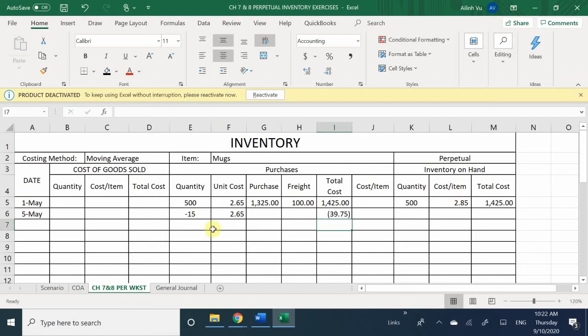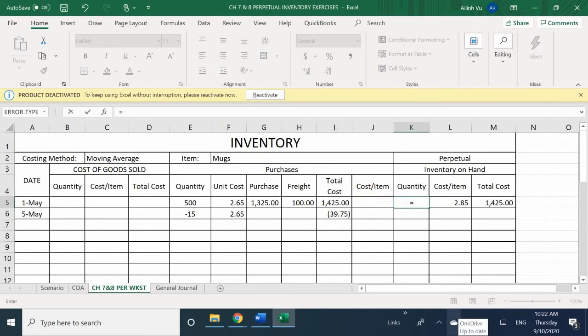Because we were funding 15 items, now we need to spread the freight cost of $100 amongst the remaining 485 items. So here, 500 minus 15, or you can cell reference, however you want to do it, is 485.